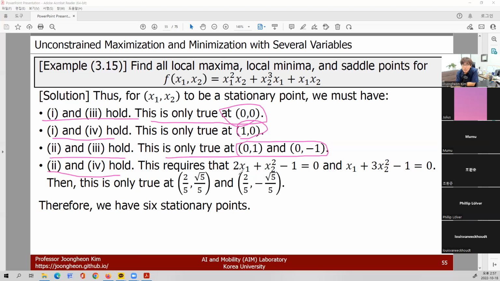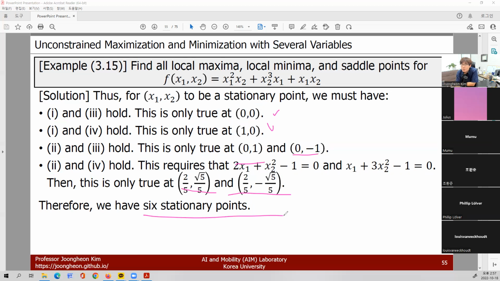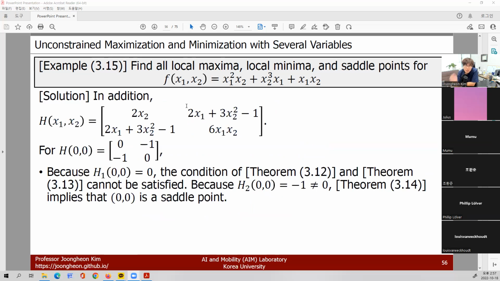When you have this equation, you have to calculate this one and this one for both cases. That's why you get this result. Then you have here 1, 2, 3, 4, 5, 6. Now you have 6 stationary points. Now let's evaluate these given 6 stationary points.